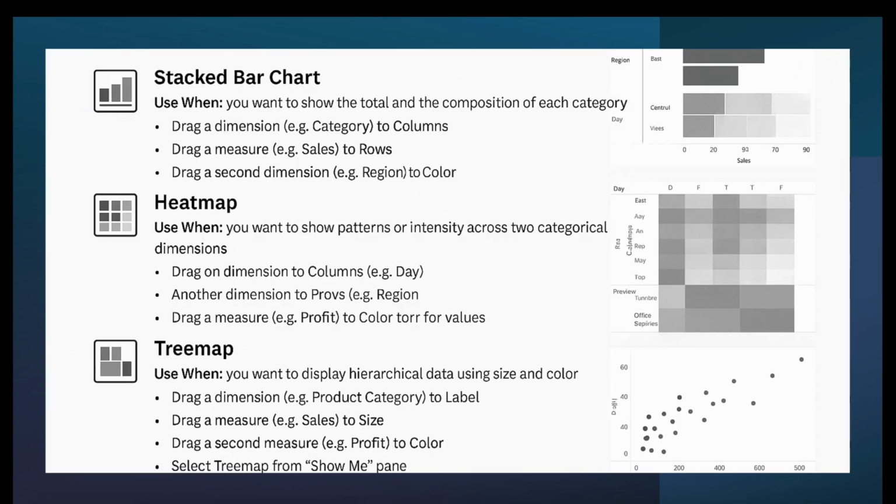Basically, two dimensions for a heat map, if you want to show patterns or intensity across two categorical dimensions, and then a measure. And for the tree map, if you want to display hierarchical data using different sizes and colors, we may need a dimension and two measures.